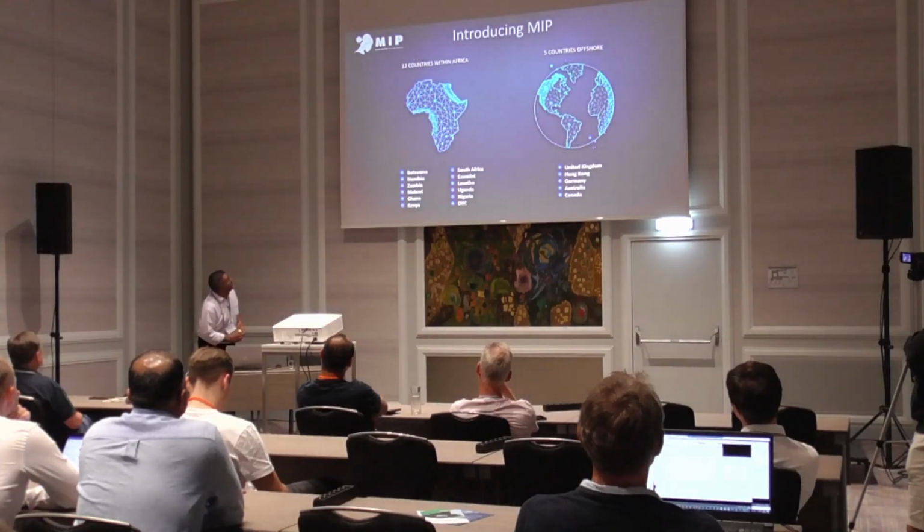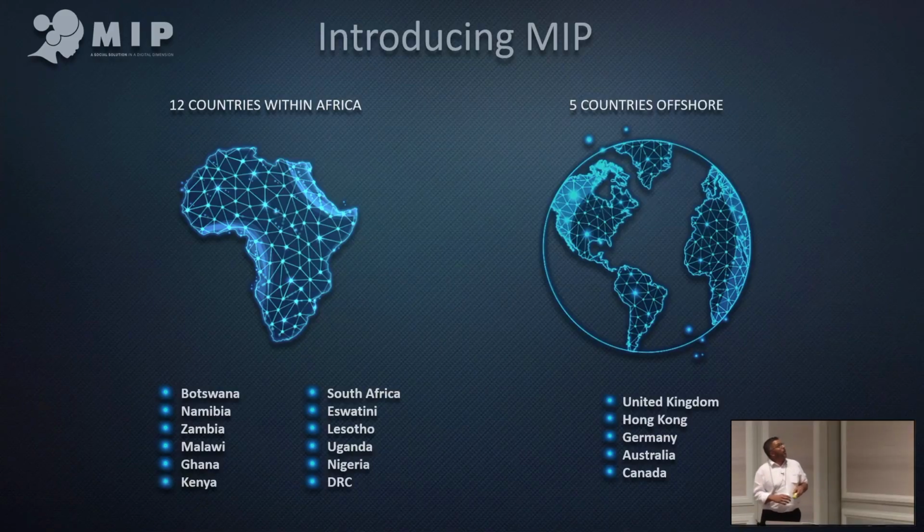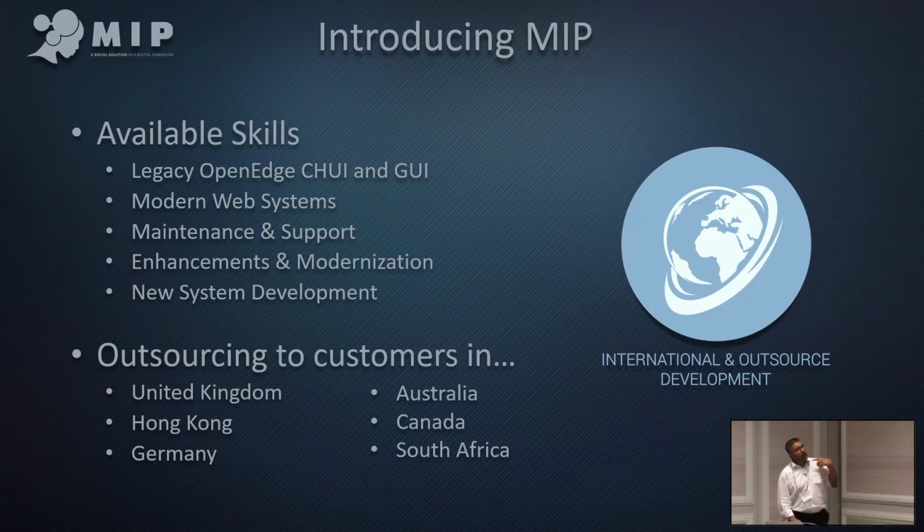MIP operate in 12 countries within Africa and 5 countries offshore. Those 5 countries offshore are a new addition to MIP because we've got our latest division, which is our International and Outsourced Development Division, which basically we have Progress skills which we lend out to other companies.